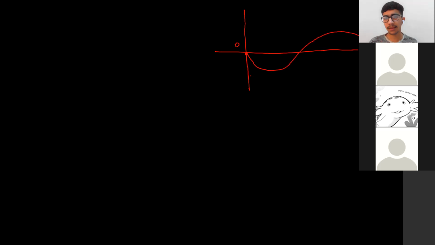Next we have, let's say f(x) looks something like this. This is your origin O. I want you to calculate the area of this particular curve.